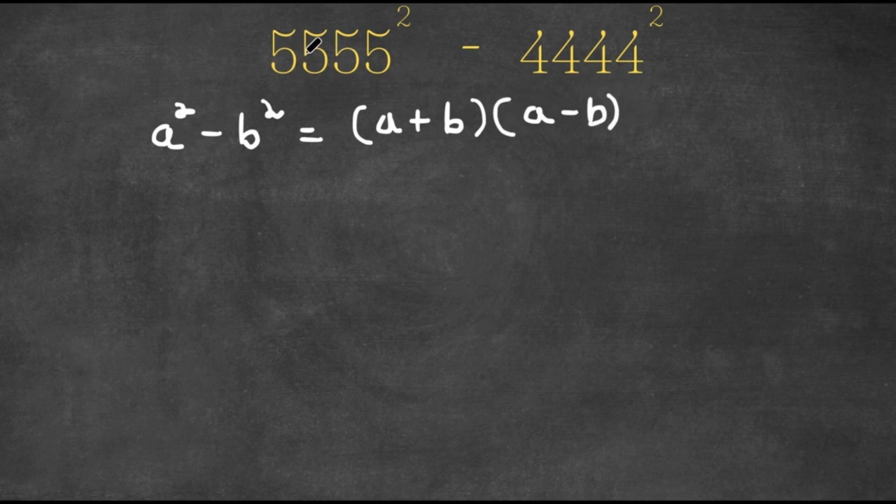So in this case, 5,555 would be A, and 4,444 would be B. So now all we have to do is simply plug these values in for A and B.